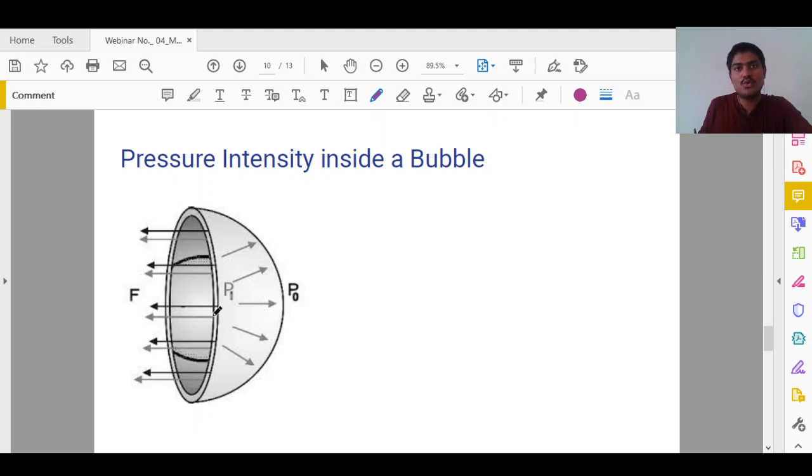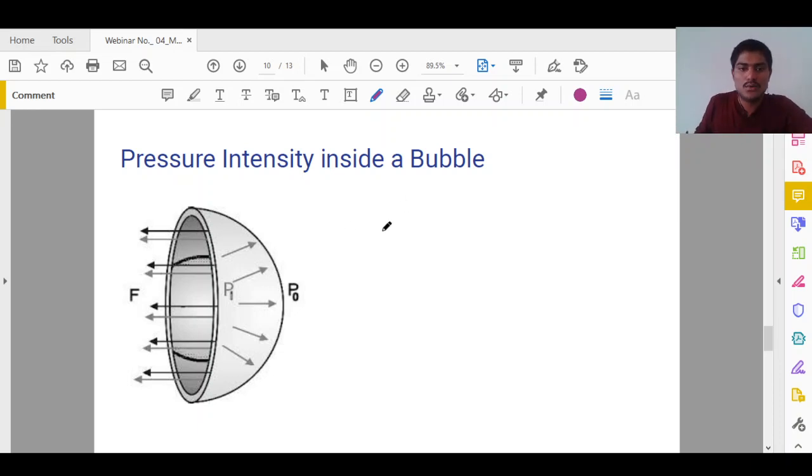Basically, if we look at the water droplet and bubble, the point of difference is that a water droplet has only one single film, whereas the bubble will have two films. One is the inner film, and another is the outer film.